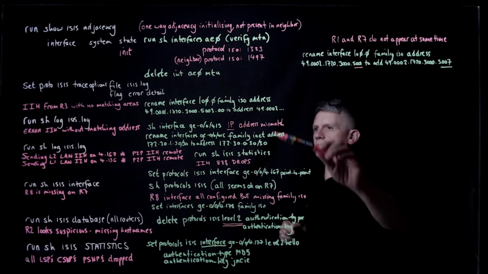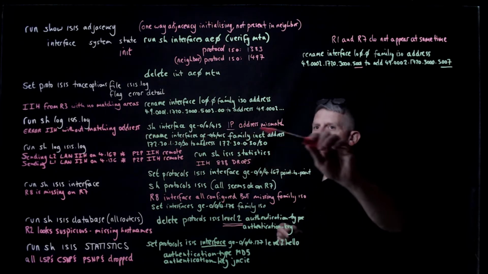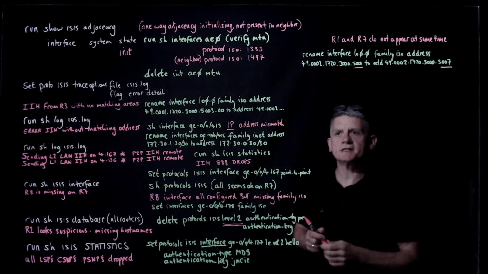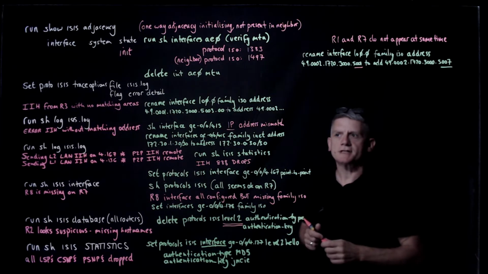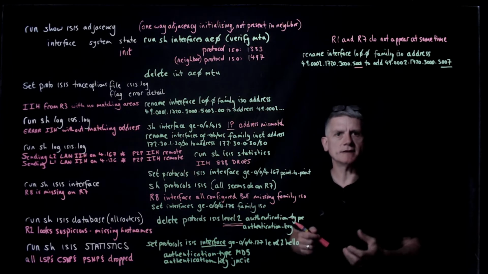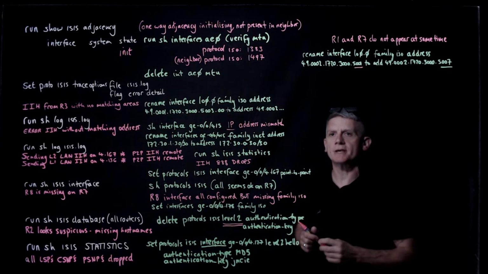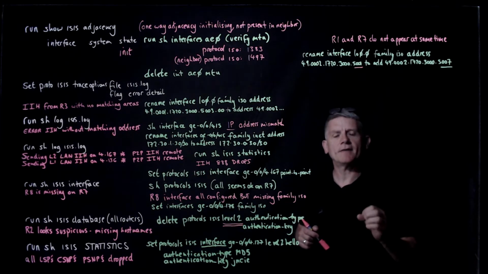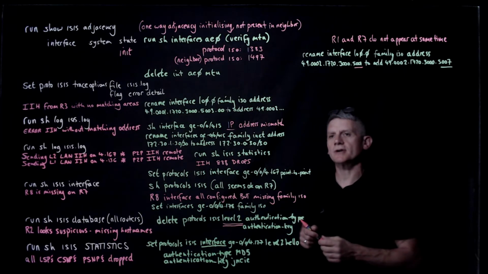So here we have without matching address. We had an IP address match, so very interesting. So obviously we call it ISIS, but it's integrated ISIS, and it is carrying IP information. That's how it's been designed, and the hello was not happy without that matching IP address.